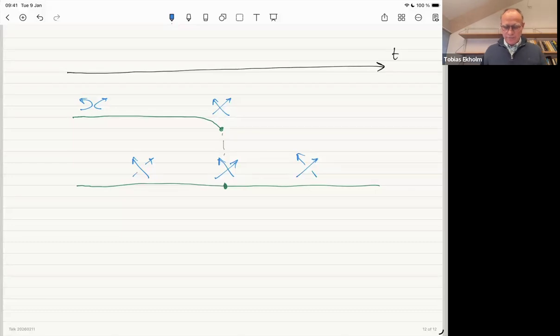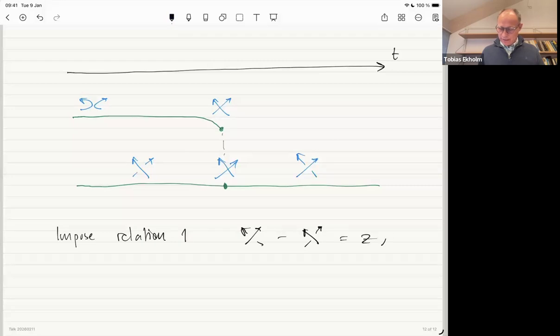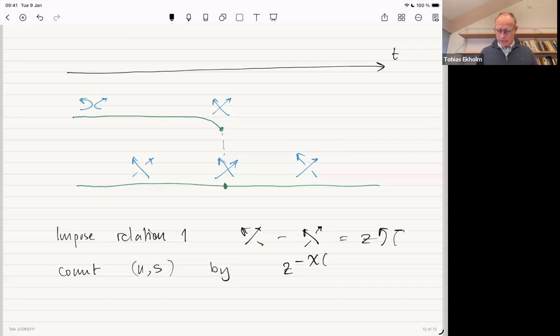So now you see we have this option of saying that if we impose relation 1, so that said that this one minus that one was equal to c times that one, and count u by z to the minus Euler characteristic of s.